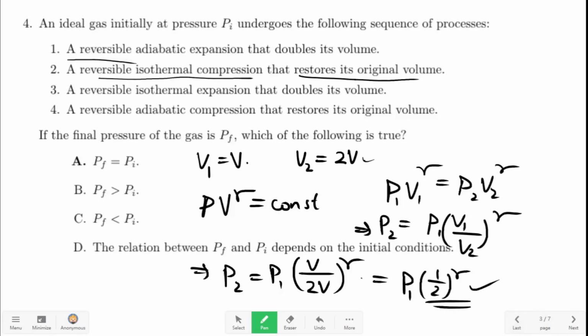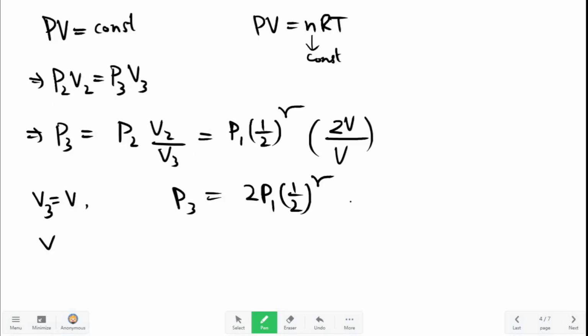Now in the third process, we have a reversible isothermal expansion that doubles its volume. So volume is doubled, which means V4 is equal to 2V, and in the case of an isothermal process, we have PV is equal to constant, which means P4 V4 is equal to P3 V3.